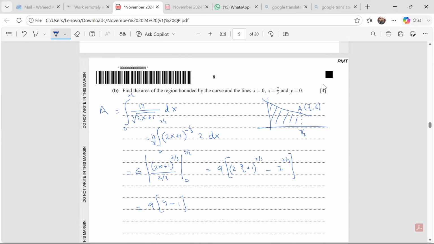So 4 minus 1 is 3, and 3 times 9 is 27. So this is our final answer.